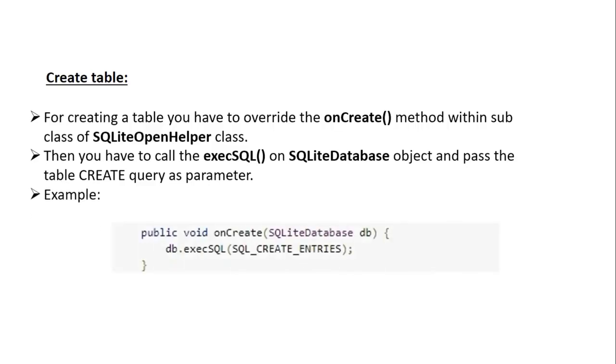Here is the simple example. Here is the onCreate method that contains one parameter, the SQLiteDatabase object. Here we call the execSQL method on the SQLiteDatabase object, and you have to pass the create query as a parameter.